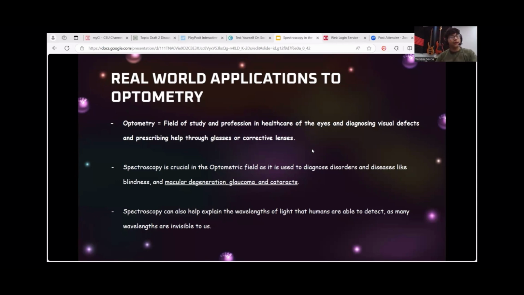There are obviously a ton of diseases and eye disorders, but these are some of the most common ones and some I'll be talking about. Spectroscopy can also help explain the wavelengths of light and how humans are able to detect them, as many wavelengths are invisible to us, but there's also light that we can see, which is the light we've been talking about.